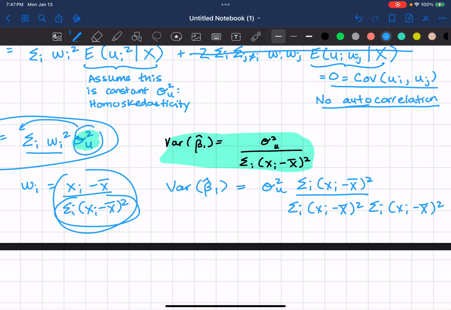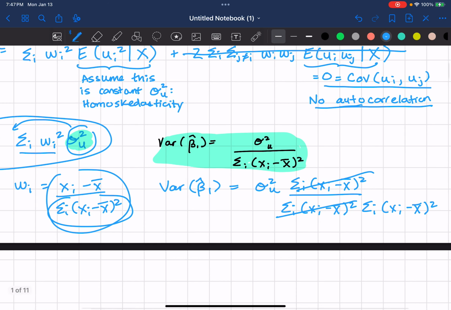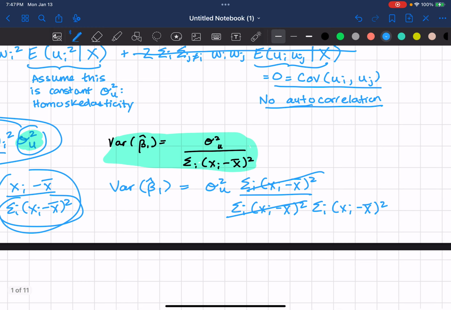The numerator can cancel with one of the terms in the denominator, and we're left with exactly this: the variance of beta hat 1 is sigma squared u over sum over i of xi minus x bar squared.